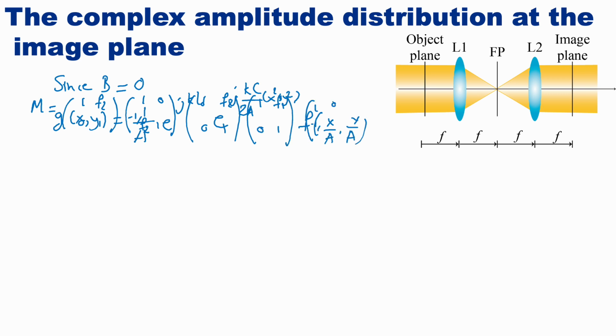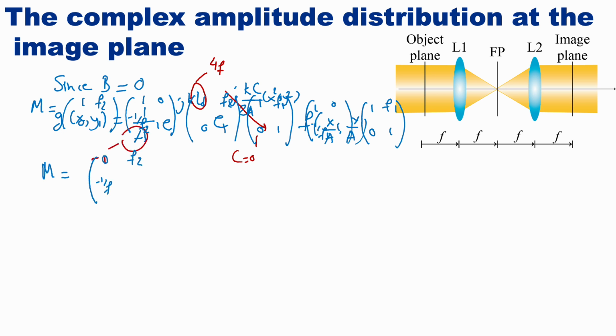So L sub 0 is the geometrical distance, so this is going to be 4f. C is equal to 0, so this factor is 1, and now A is -1.